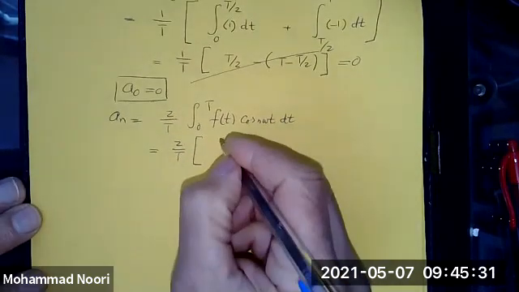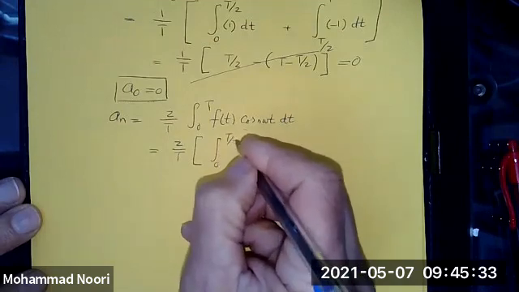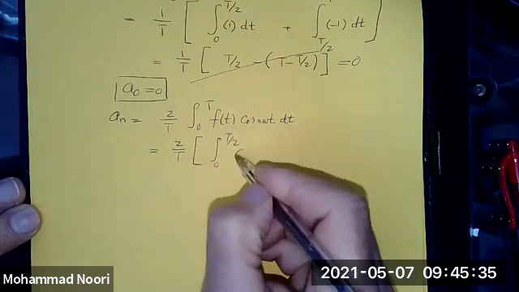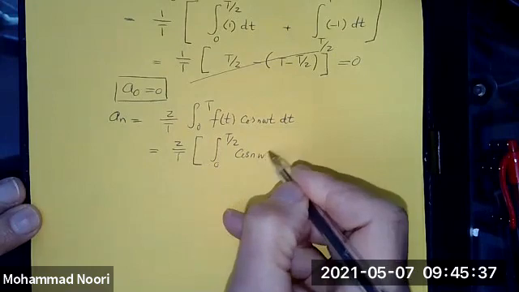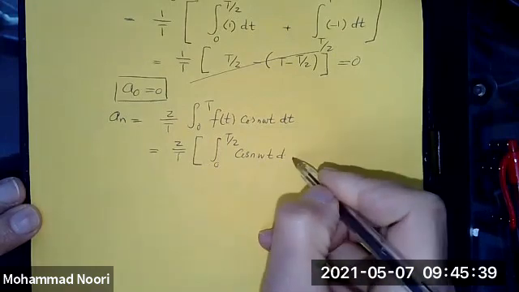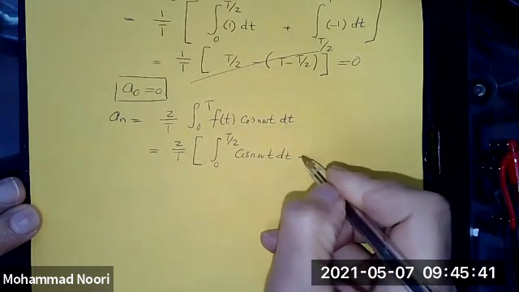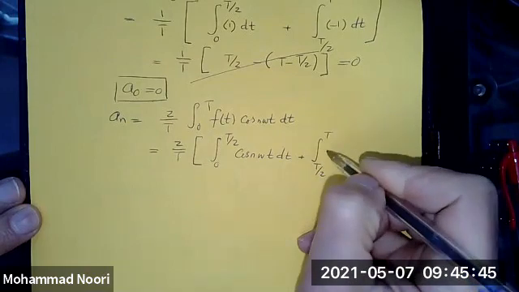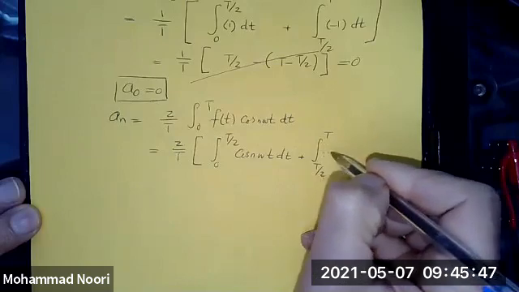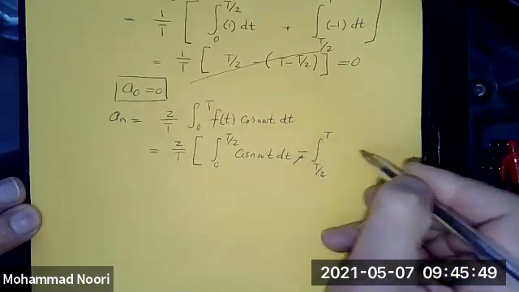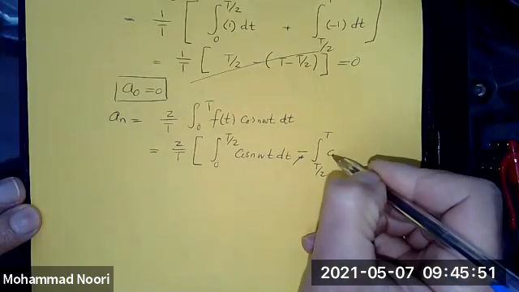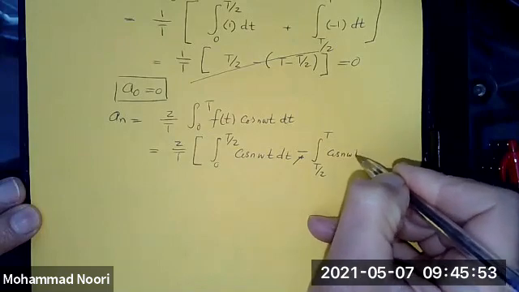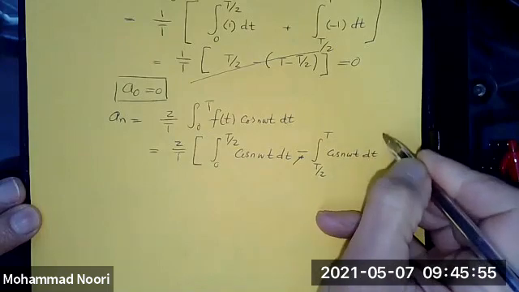Again, the integral would be separated into two parts. From 0 to T half, where the function is 1, this is cosine of n omega t dt, plus the integral from T half to T, where the function is -1, so I take the negative out, cosine n omega t dt.